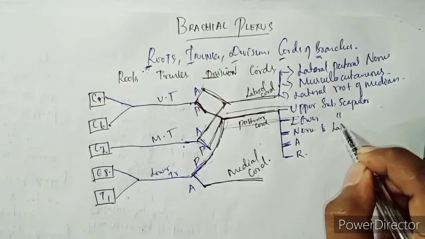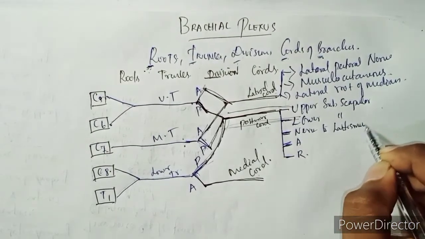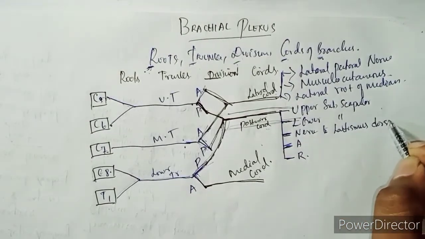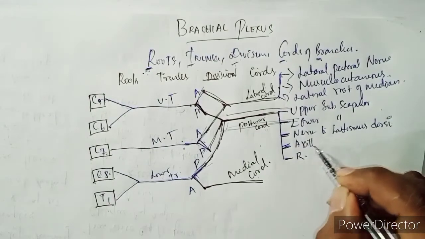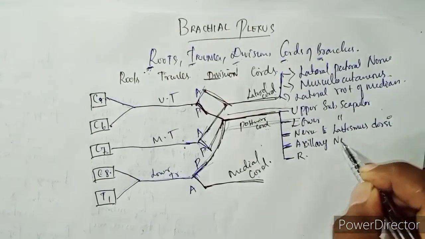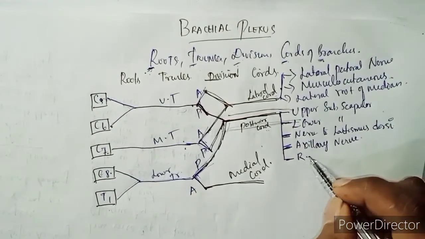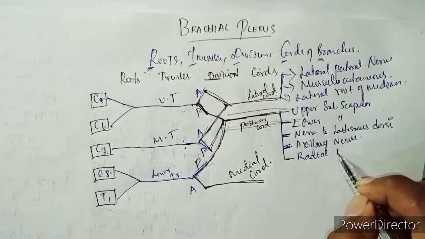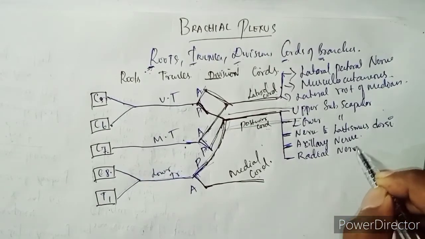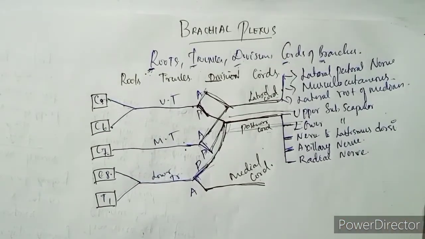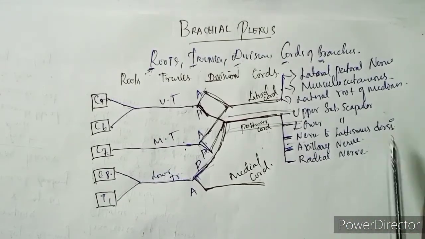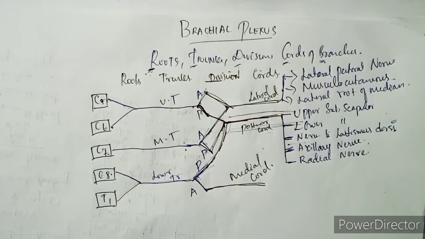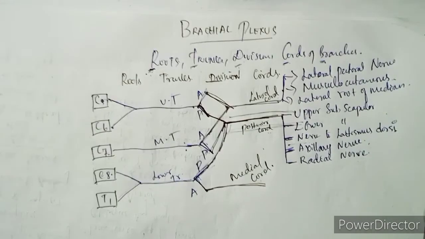The N stands for nerve to latissimus dorsi. Next, the A stands for axillary nerve. And the R stands for radial nerve. So the posterior cord gives 5 branches: upper subscapular nerve, lower subscapular nerve, nerve to latissimus dorsi, axillary nerve and radial nerve.